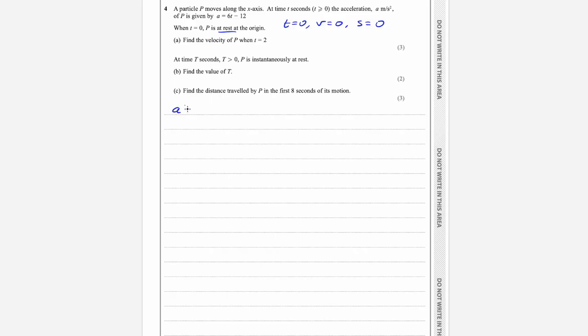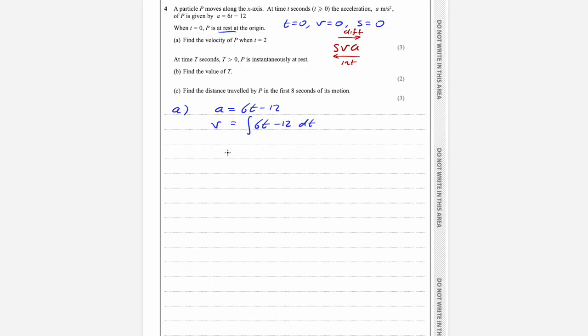Okay, so this, guys, if you recall, I use SVA: differentiate to go that way, and integrate to go that way. So if I have acceleration, and I do, it's 6t minus 12. To get v, I integrate 6t minus 12 with respect to time.